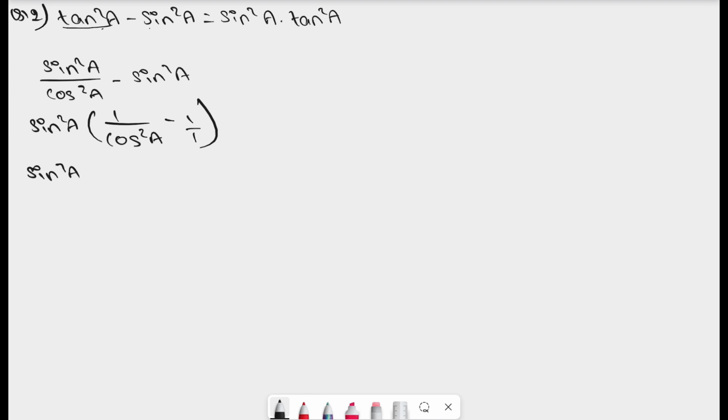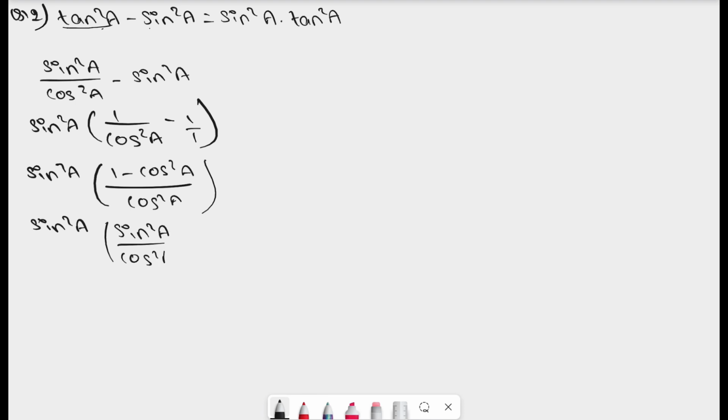We'll get sin square A, and here 1 minus cos square A by cos square A, and we know this 1 minus cos square is nothing but sin square A by cos square A, and we know sin by cos is nothing but tan. So replace these terms with tan square A, which is nothing but our required RHS value. Therefore, we conclude our answer with the LHS is equal to RHS statement.